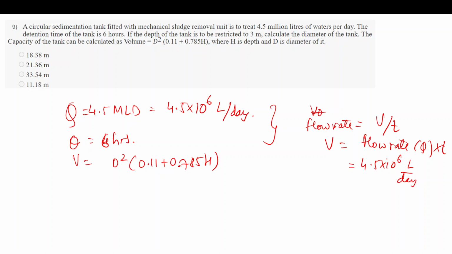So now to find out volume, this time also has to be in days. So 6 hours, if you convert it into days: one day has 24 hours, so 6 hours will be how many days? You need to divide 6 by 24.